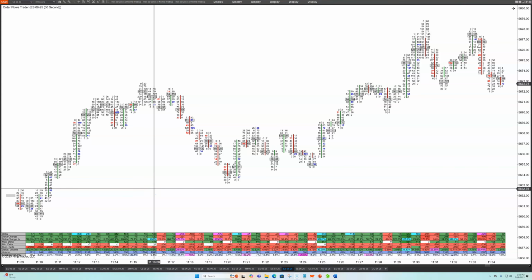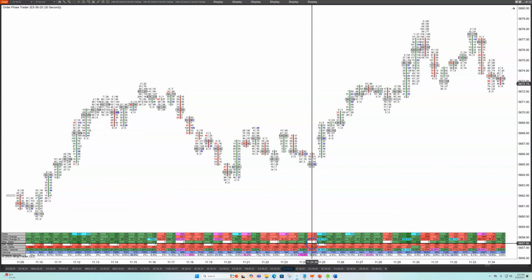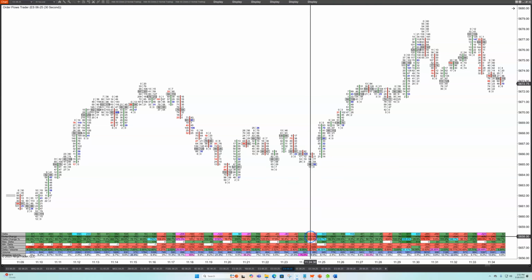Now that you understand what max and min delta is, you have to take it a step further and understand why it's important, or why it's not important. Again, there are going to be times where some bars have zero max delta or zero min delta. You're never going to have an instance where you have a zero max and a zero min, because then you'd have no delta. But you can see on this red candle here, the max delta was just positive 3.